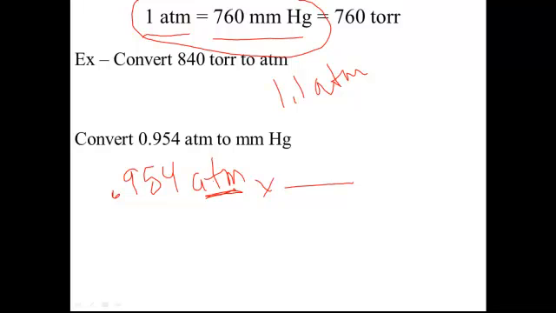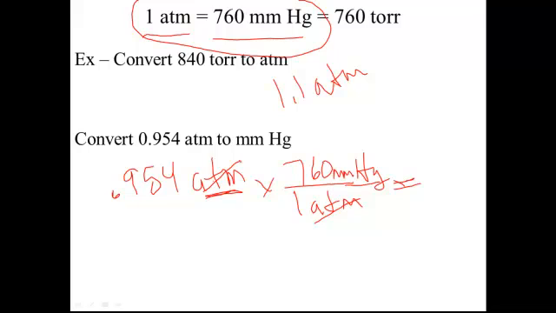To cancel atmospheres, it's got to go on the bottom. So 1 atmosphere on the bottom, 760 millimeters of mercury on the top. Atmospheres are going to cancel. Now we're going to take 0.954 and multiply by 760.